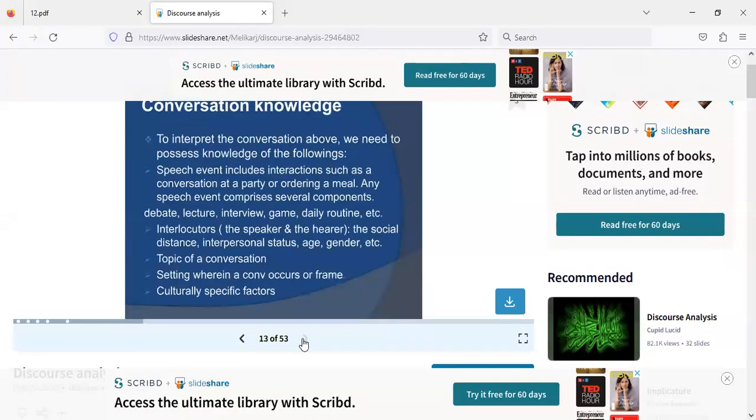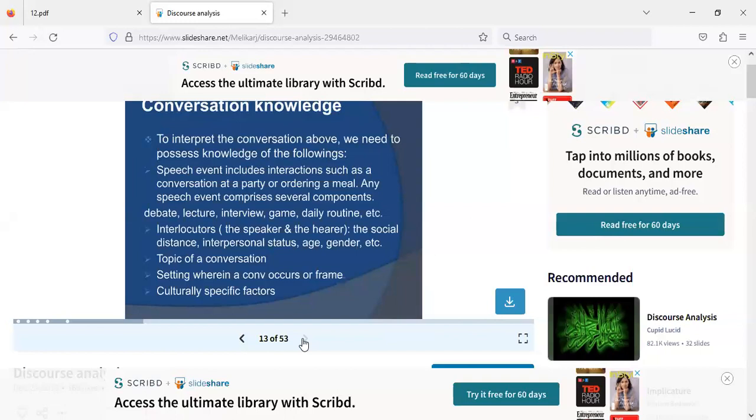So when it comes to conversation analysis, to interpret the conversation above, we need to possess knowledge of the following. Speech events, speech acts, right? There are two people, they have to utter speech events, such as a conversation at a party, or in a restaurant, or in an office, or the situation.